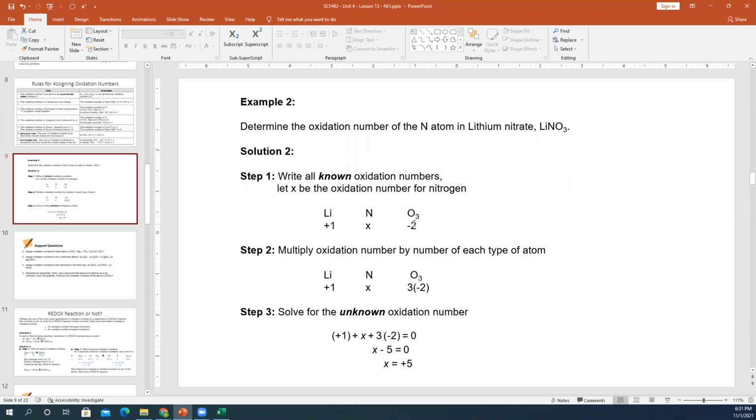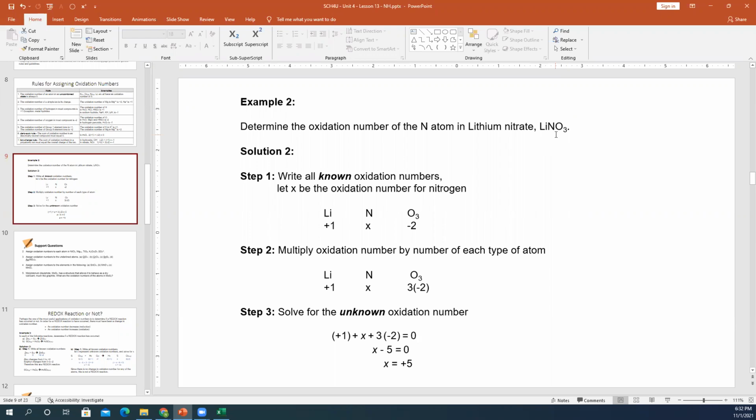So let's find out. Overall, this lithium nitrate has got a charge of what? Does it have any charge on it, or is it neutral? Anybody want to answer that question? Does lithium nitrate have a charge? What do you guys think?